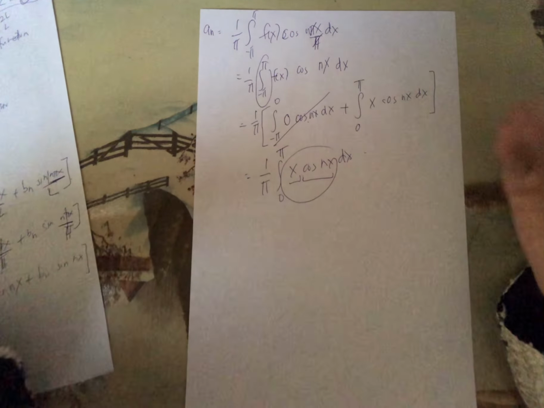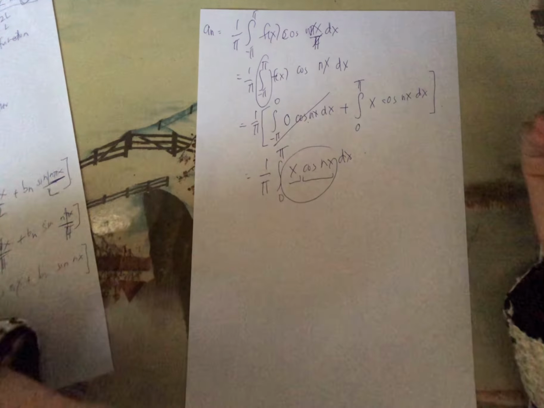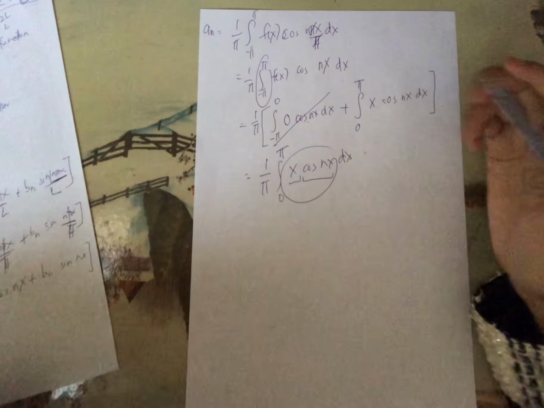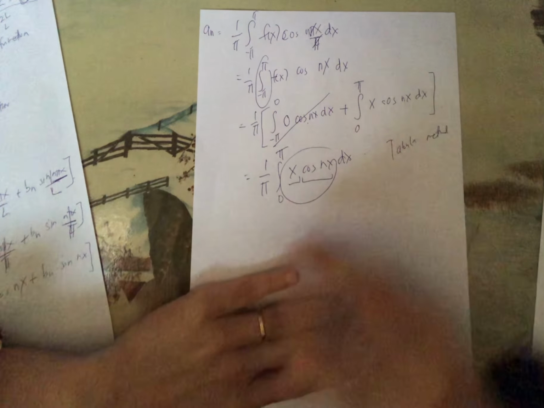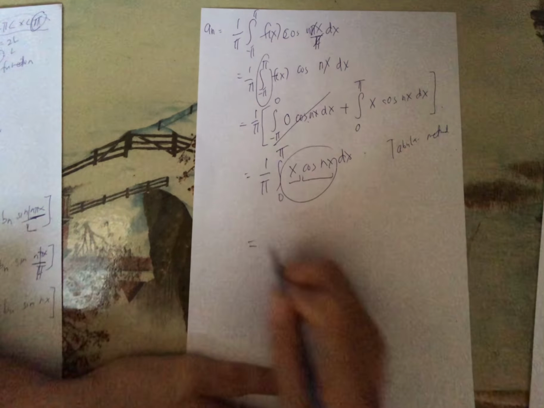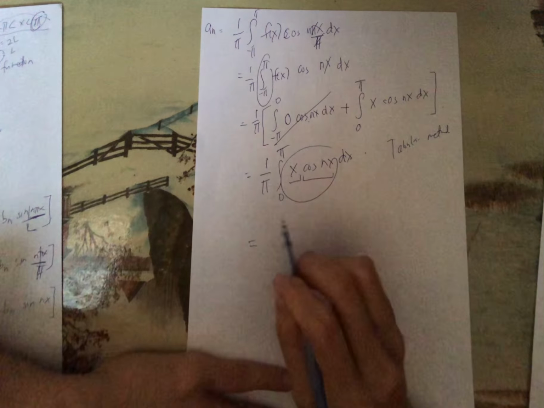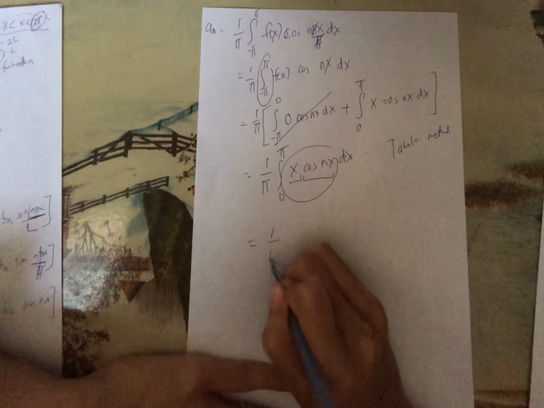So if you know by part well, you can know the tabular method also. Maybe you already forgot about it, so you can just Google it. I don't want to solve it here. I just write the final answer that you will get after you use the tabular method or by part.